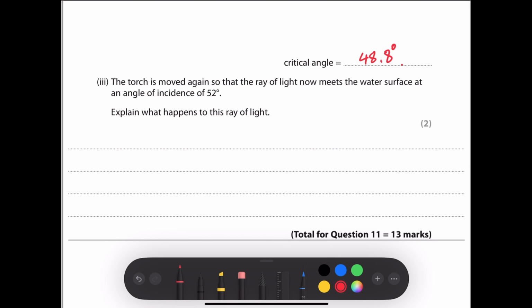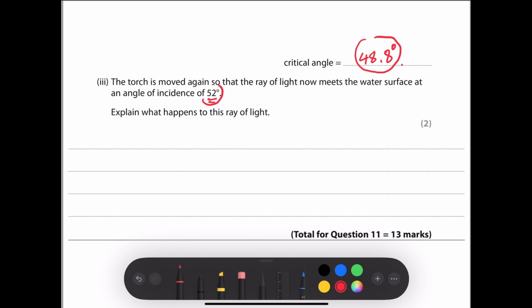Last section: the torch is moved again so that the ray of light now meets the water surface at an angle of incidence which is 52 degrees. So without spending longer time to think about this one, I need you guys to link the 52 and the 48.8, the critical angle in C(ii), and the new angle of incidence 52.